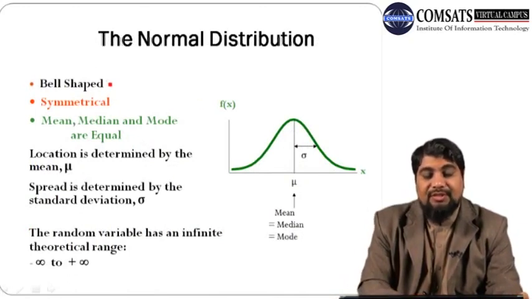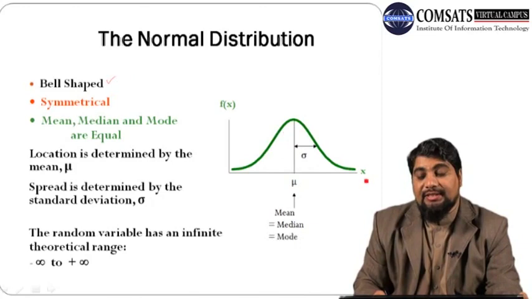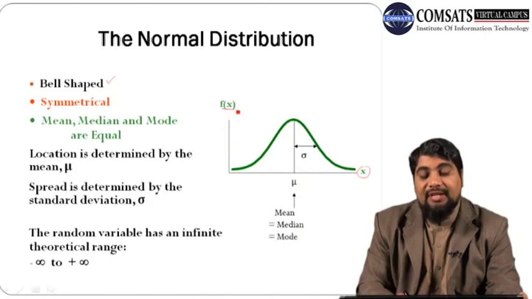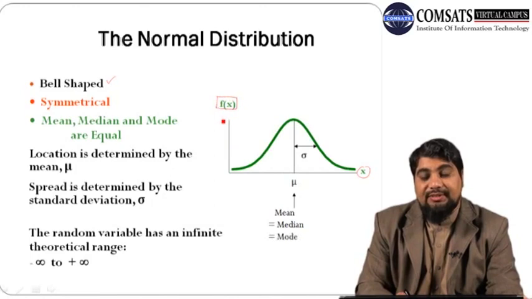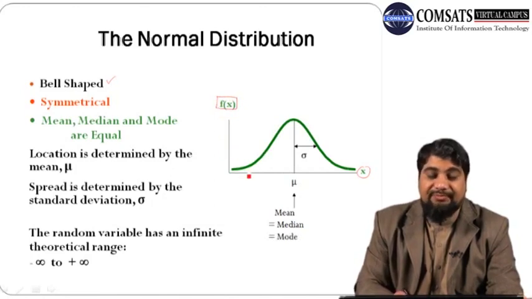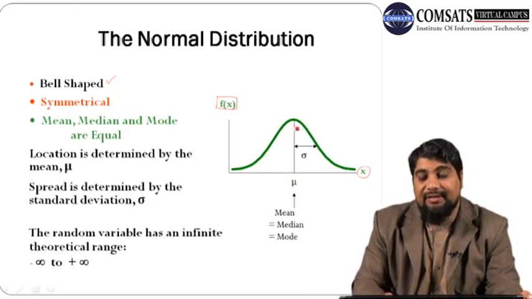The normal distribution is a bell-shaped curve. So here is the bell-shaped curve. On the x-axis we have the random variable x taking different values, and on the y-axis we have the probabilities or the corresponding frequencies. Note that the normal distribution is a symmetrical distribution, equally spread around this middle line.